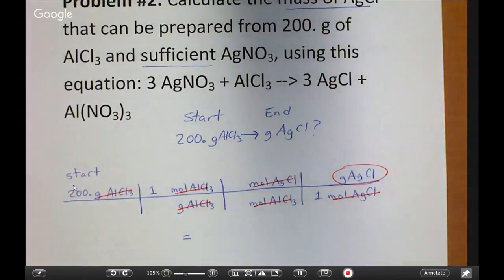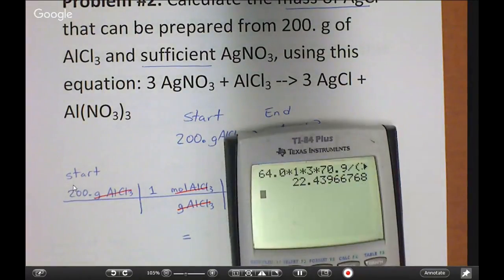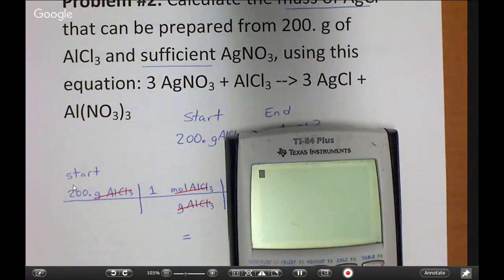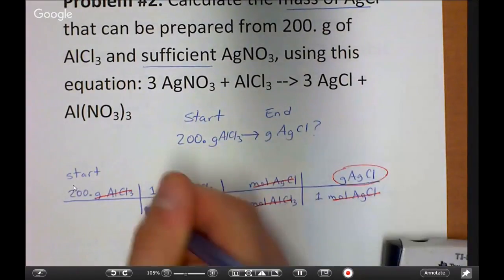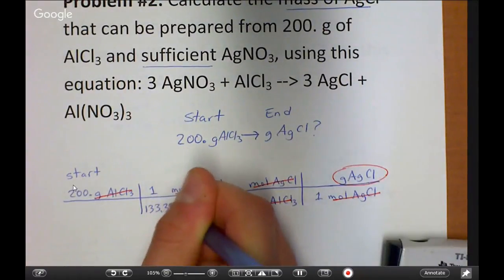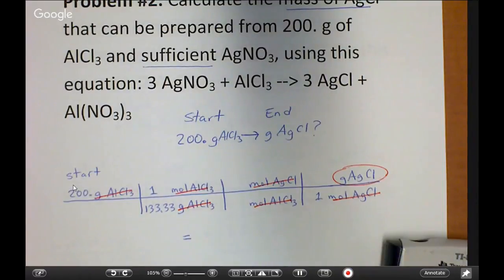So to do the calculation, before we can get there, we need to know the missing information. Aluminum chloride, aluminum is 26.98, and we have 3 chlorines for a mass of 133.33 grams for every 1 mole.